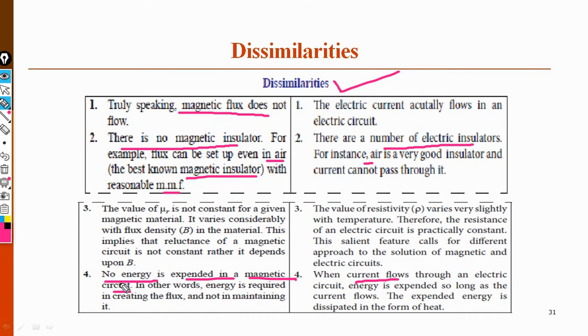That means in the magnetic circuit there is no energy, but in the electrical circuit energy is present and it is expended in the form of current. Now these are the dissimilarities between the electrical circuit and magnetic circuit. These two points are very important in dissimilarities.